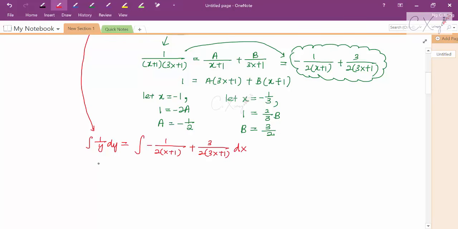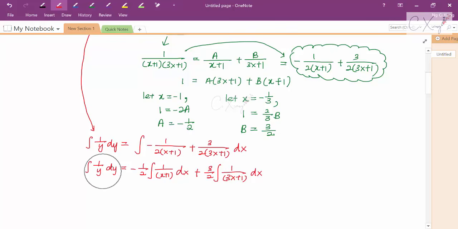All right, so for me, usually before the integration, I will actually prefer to take out all the constants. So what's the meaning of taking out all the constants? That means for this particular term, I will take out the -1/2. Then it will become 1/(x + 1). Then plus, for this term, I will take out 3/2, and I have only 1/(3x + 1). Okay, and then only I will start the integration.